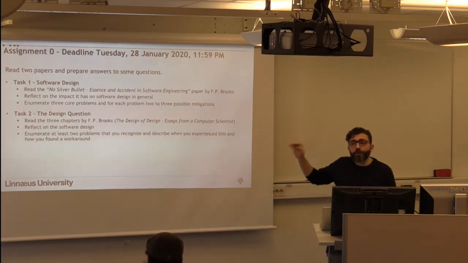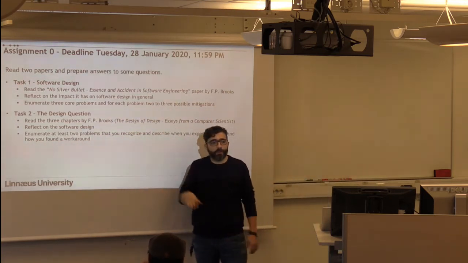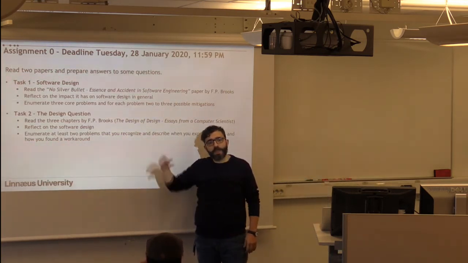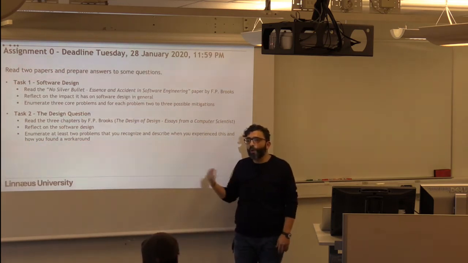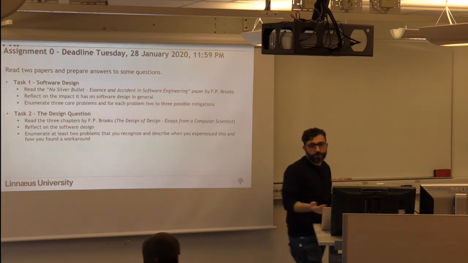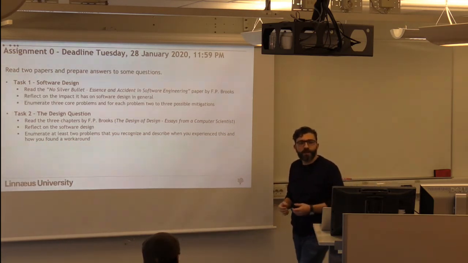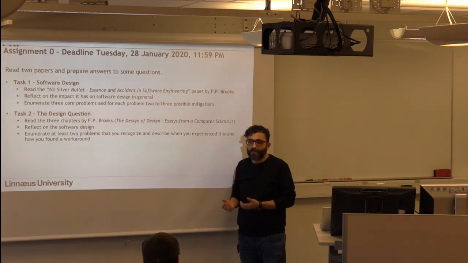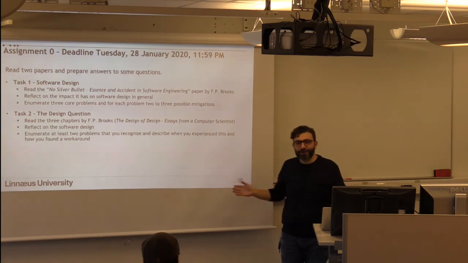So, as you can see, these questions are not right or wrong. Okay, I mean, the answer to these questions are not right or wrong. So we want to know what's your perspective. Okay, we want to understand what are your expectations from a design point of view. Okay, so you cannot fail, essentially.